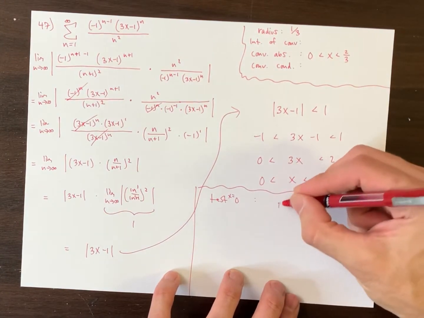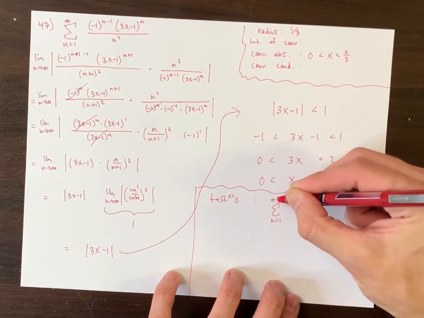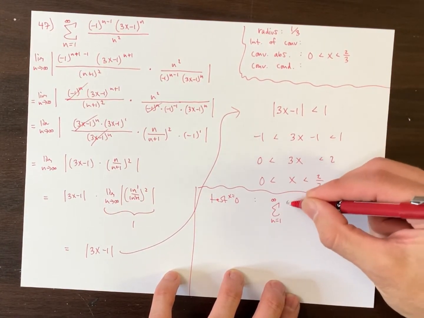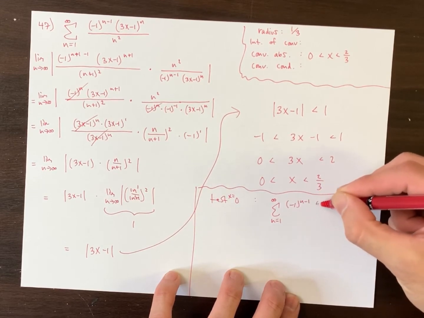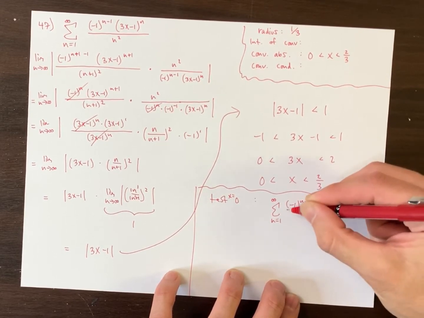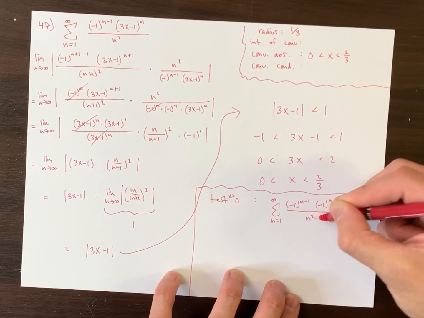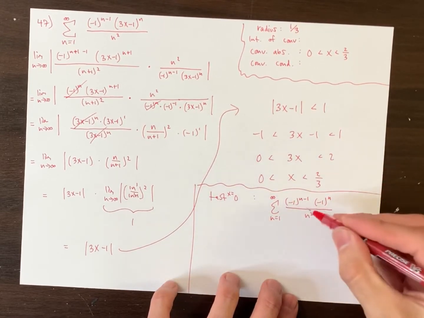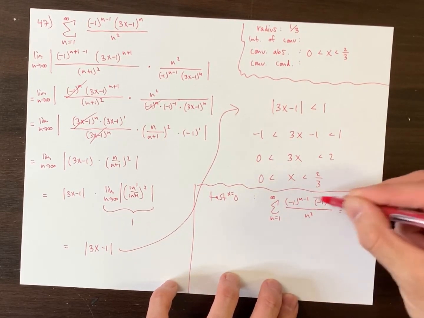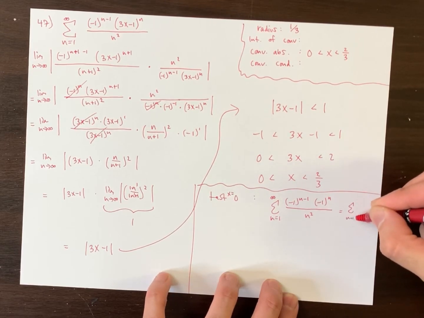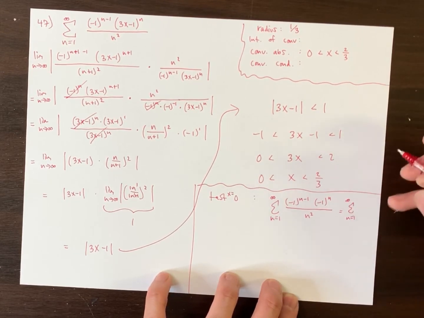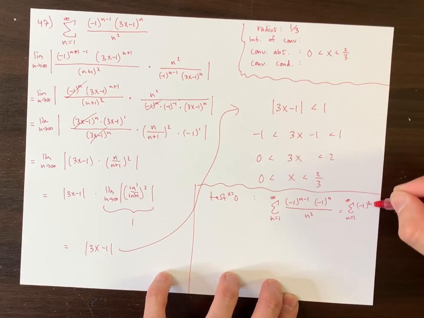When x is 0, we have the infinite series, and we said that'd be negative 1 to the n over n squared. Here, to combine those two, you add the exponents. So this would be negative 1 to the 2n minus 1 over n squared.